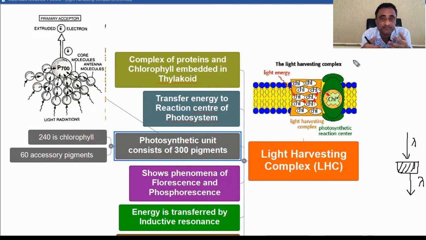So whenever light is given to a molecule and the emitted light is of greater wavelength, this phenomenon is called fluorescence. Now what is phosphorescence? In phosphorescence, even if the incident light is taken off, the light keeps on emitting for a brief period of time. This is what we call phosphorescence. And why does it happen? Very simple chemistry. You might have read in chemistry that in orbitals the spins of the electrons are anti-spin.